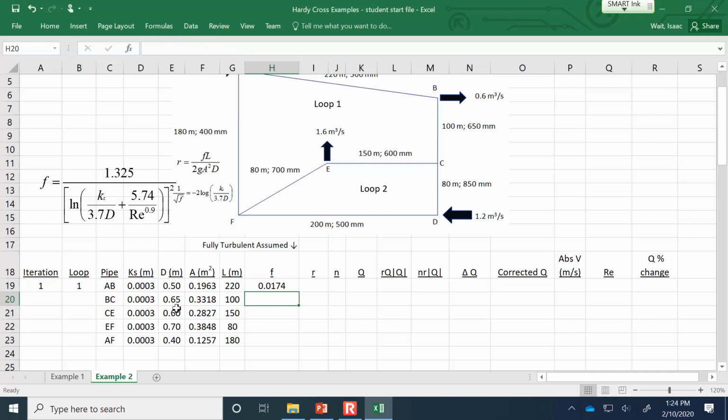So this is what the F value would be if the flow rates are really high through that pipe. So that's not going to be the F value we use in the next iteration. We'll use the full Jain equation in the next iteration, but for now it's a fine estimate for iteration 1.